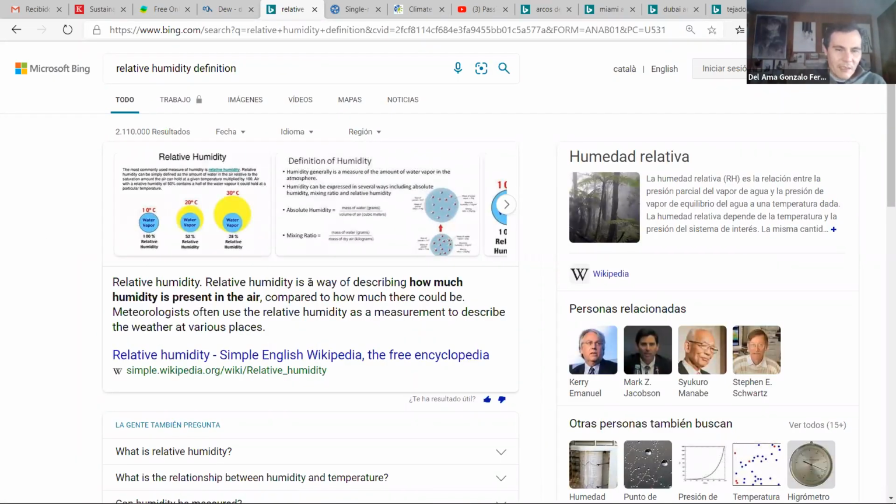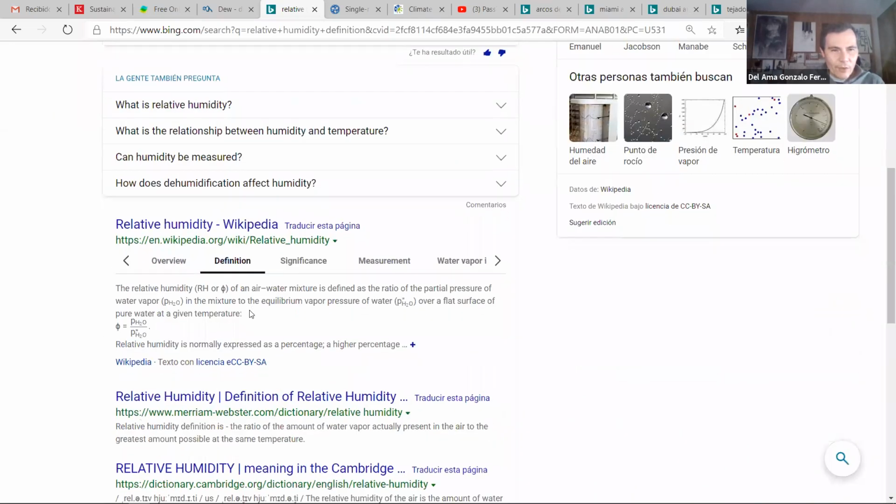The relative humidity is a way of describing how much humidity is present in the air. Okay, so how much humidity is present in the air? We all understand that. But if we go further with definitions, look at this definition.